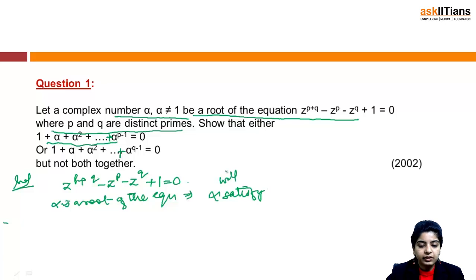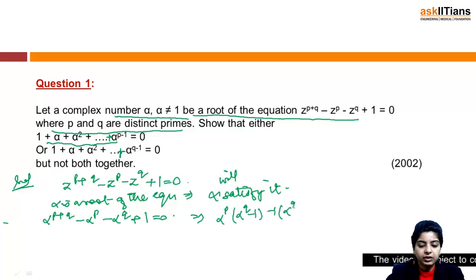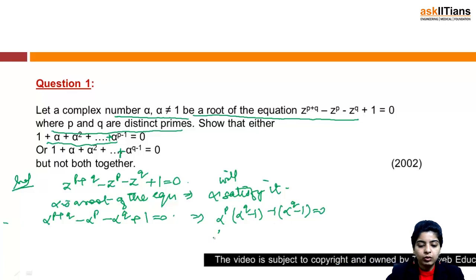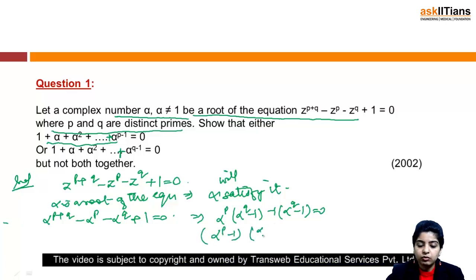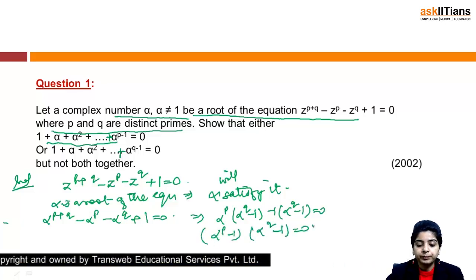Therefore we'll have alpha to the power p plus q minus alpha to the power p minus alpha to the power q plus 1 is 0. If I take alpha to the power p common, I get alpha to the power p into alpha to the power q minus 1, minus 1 into alpha to the power q minus 1, equal to 0.